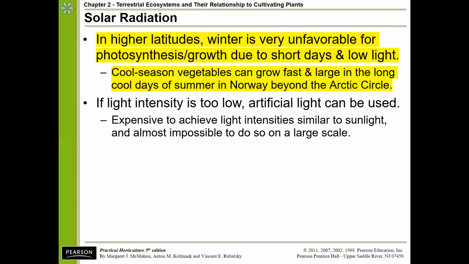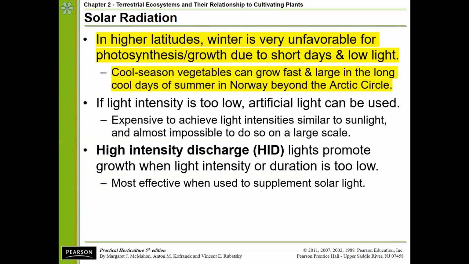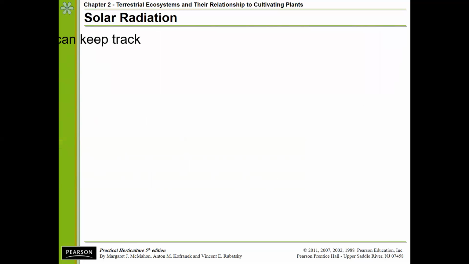Also, at our latitude, it's difficult to grow crops in the winter. They don't really put much growth on. At a certain point, they're just there in stasis pretty much. However, in the summer, because they have more sunlight in northern latitudes, they can actually grow cool season vegetables very productively, even better than we can.